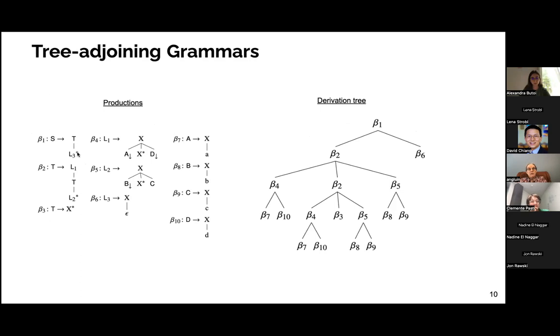And you can have at most one in each right-hand side of a rule, and it means that when you replace an inside node of a tree, you replace that node with the tree on the right-hand side. But if the node had a subtree attached to it, then you need to attach the subtree back at the footnode.